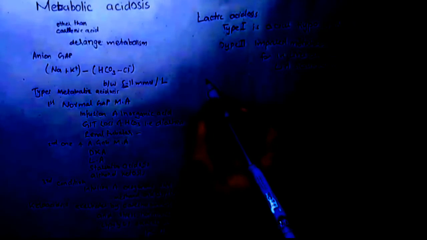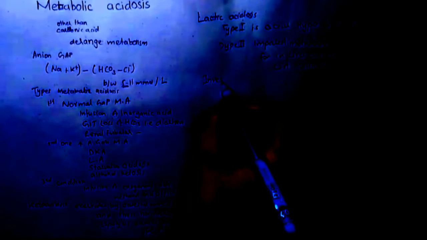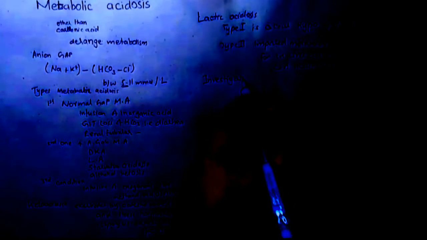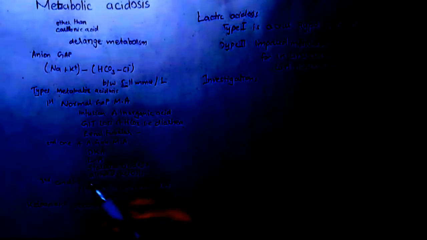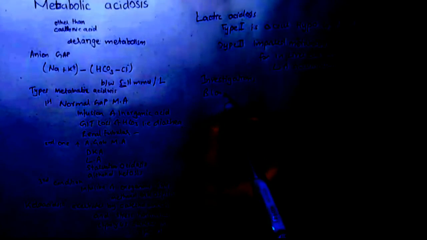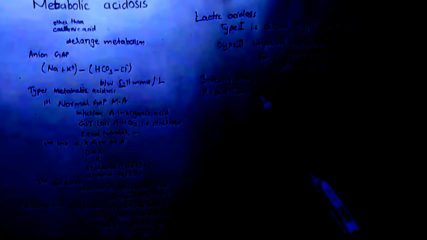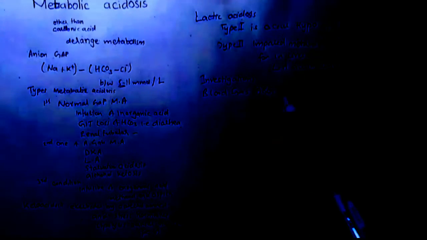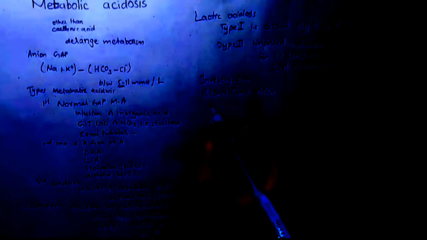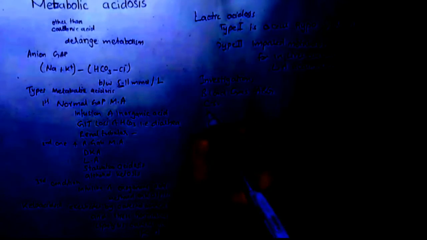Now we will discuss investigations of a suspected case of metabolic acidosis. First of all, we will measure blood gas, also known as ABG. Similarly, we will measure creatinine, urea, electrolytes.